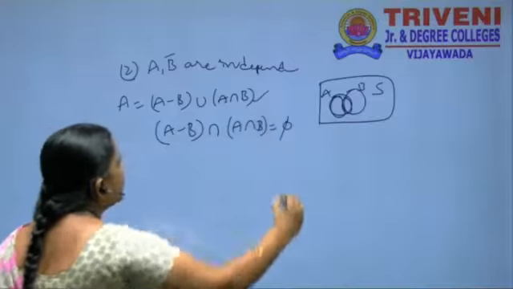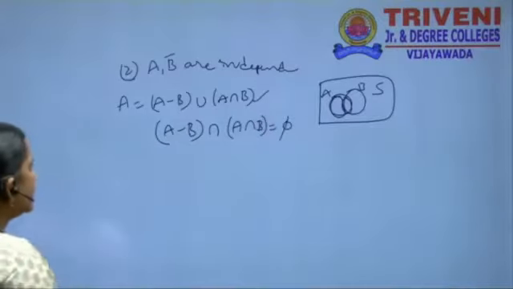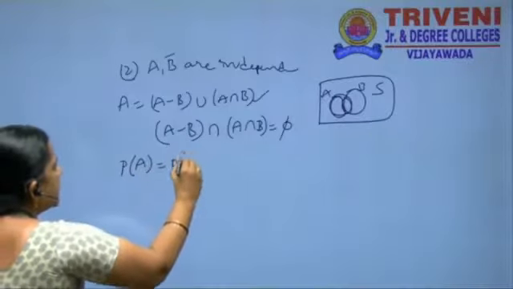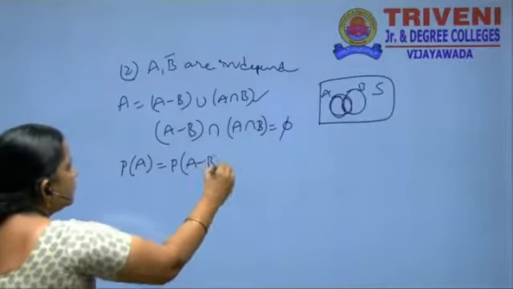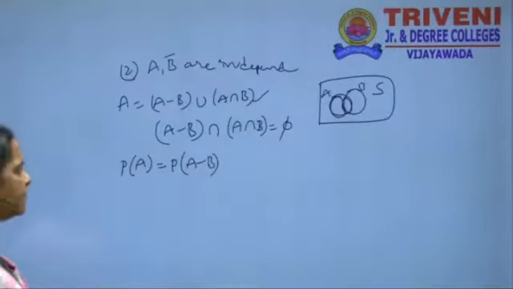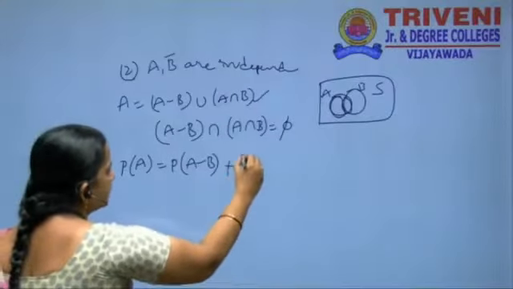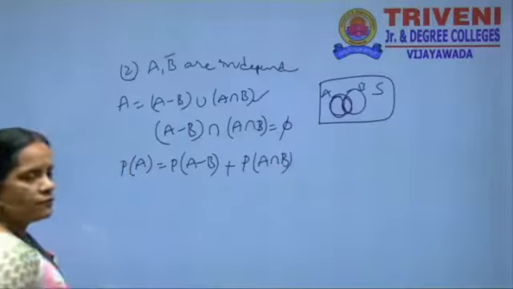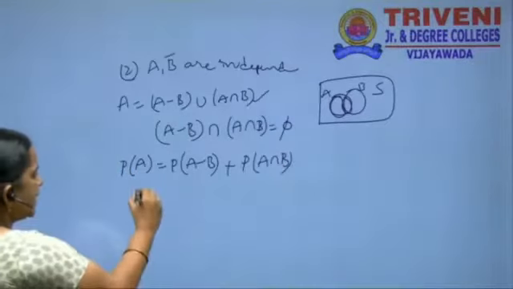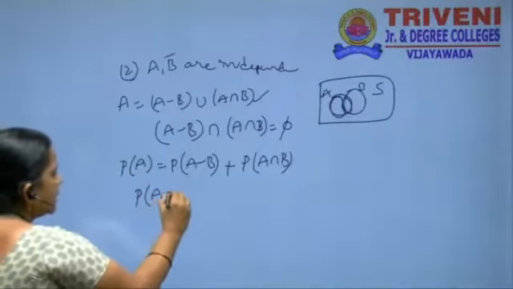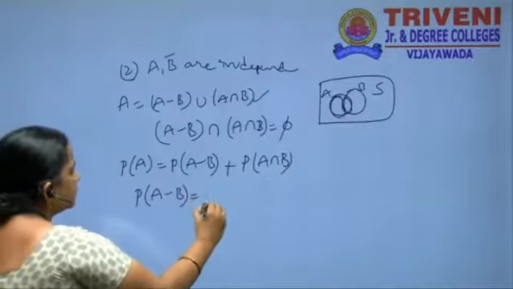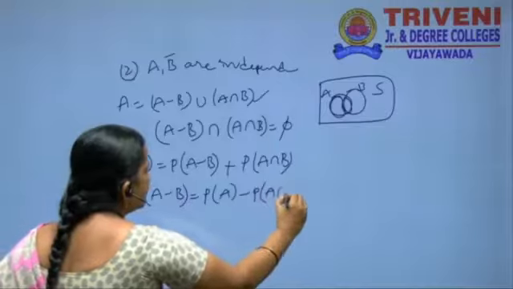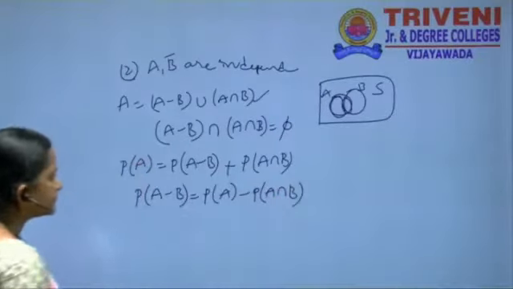By applying probability, P of A is equal to P of A minus B plus P of A intersection B. We write the value of P of A minus B here: P of A minus B is equal to P of A minus P of A intersection B.